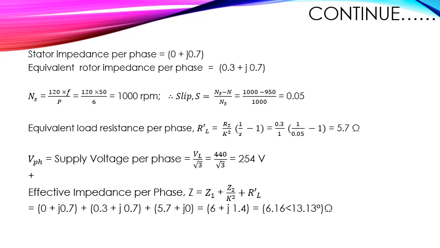So Z1 is stator impedance per phase, then Z2 by K square is equivalent rotor impedance per phase, and RL dash is equivalent load resistance per phase. So the final equation is 6 plus j1.4. So this is in rectangular form. Convert it into polar form and get the magnitude and angle.